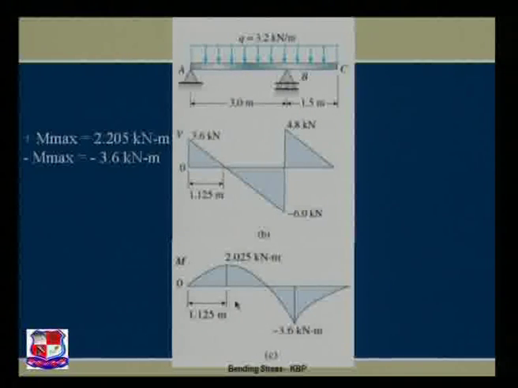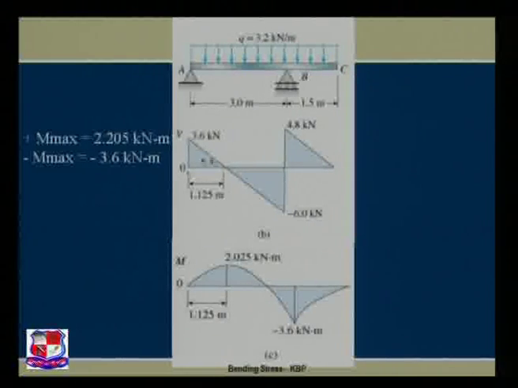From the bending moment diagram, it is very clear that the maximum positive bending moment is 2.025 kN into meter, while the maximum negative bending moment is 3.6 kN into meter.